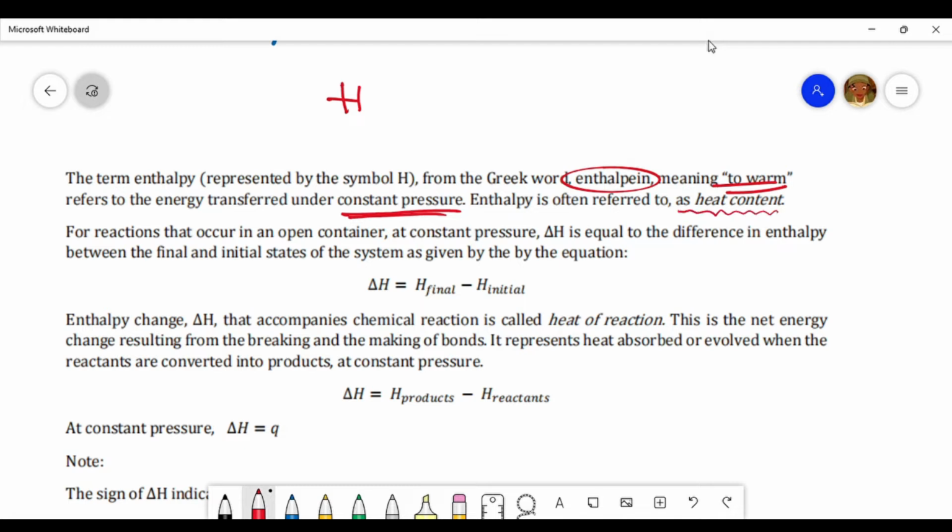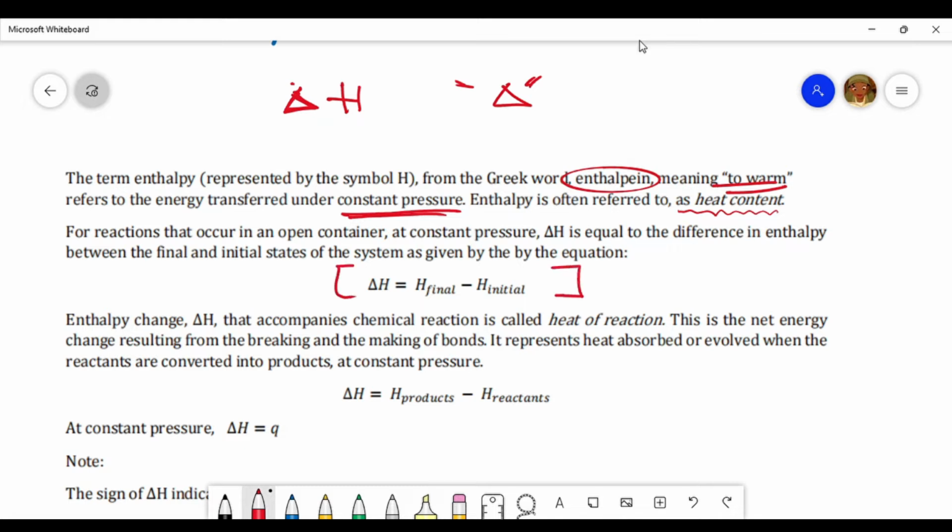For reactions that occur in an open container at constant pressure, when we say delta H, it refers to the change in H. When we have this triangle symbol, we are referring to a change that is happening. Delta H is equal to the difference in enthalpy between the final and initial states of the system, as given by this equation.